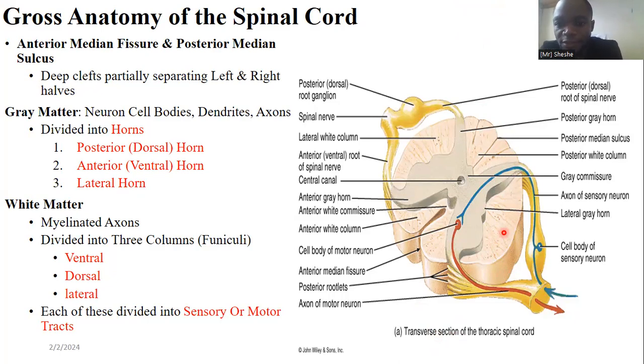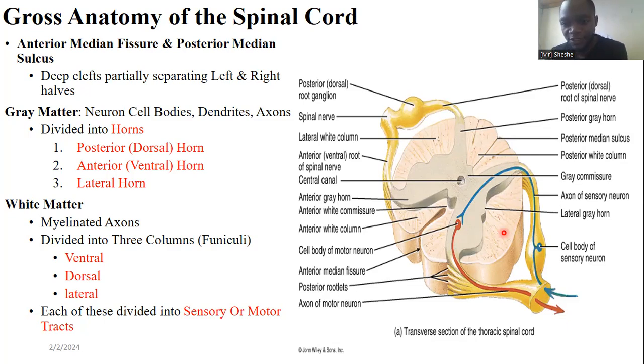Those are sensory tracts, because they're transporting information towards the brain, carrying information coming from various parts of the body. Then we have motor tracts. Motor tracts are composed of nerves transporting impulses from the brain, from the brainstem, from the cerebellum all the way to the spinal cord and out of the spinal cord to the body.